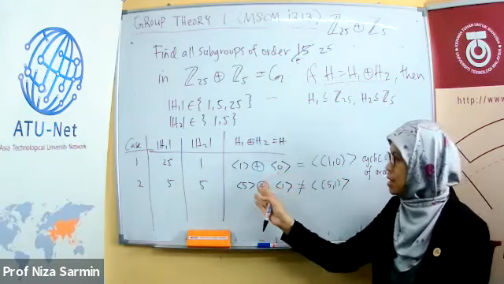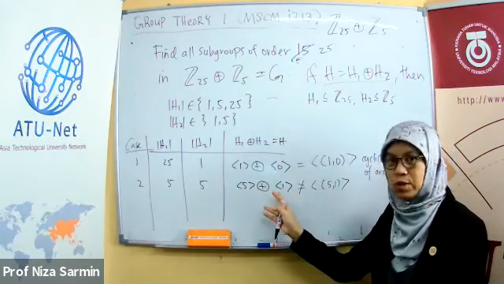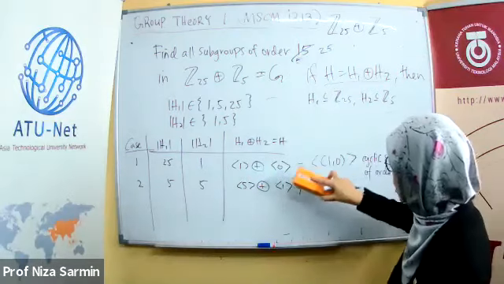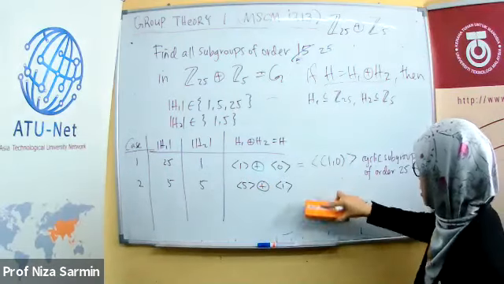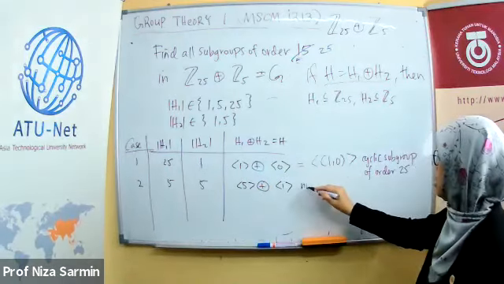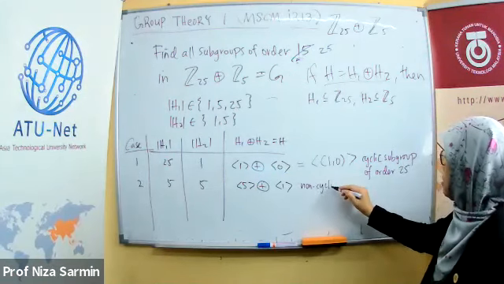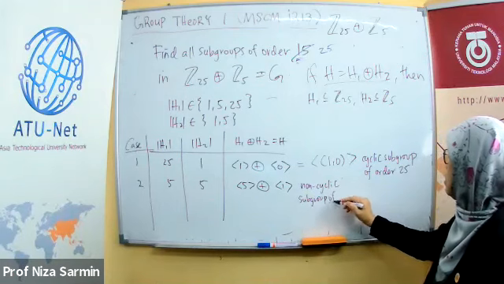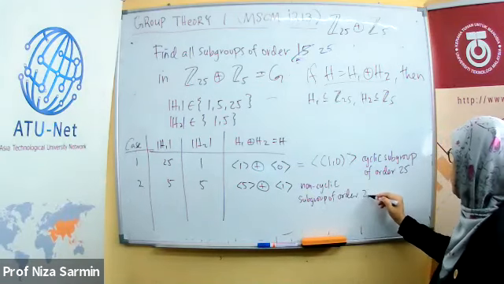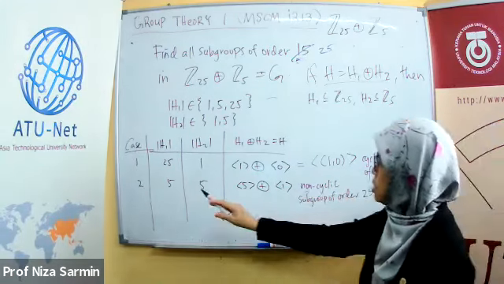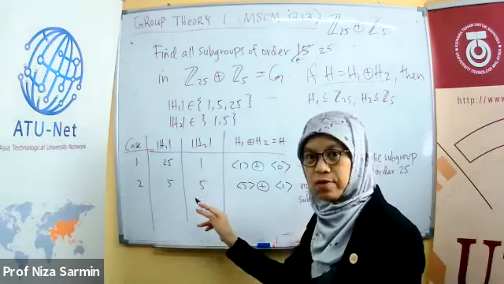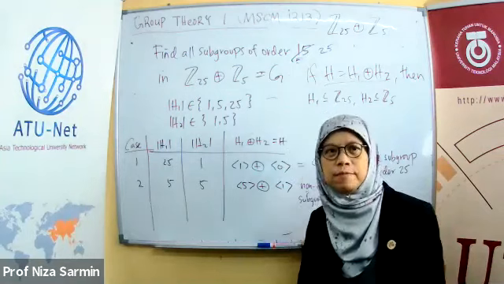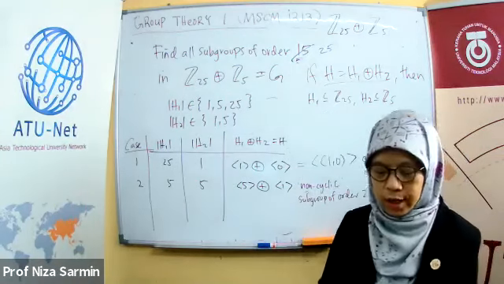So this is a subgroup of order 25, which is not cyclic. Okay? So I don't want to write this. So non-cyclic subgroup of order 25. It's not cyclic because the GCD is 5, not 1. Right? It's cyclic because this GCD is 1.